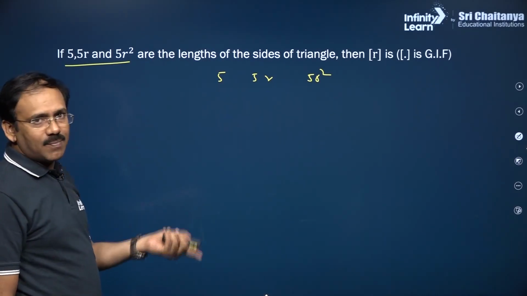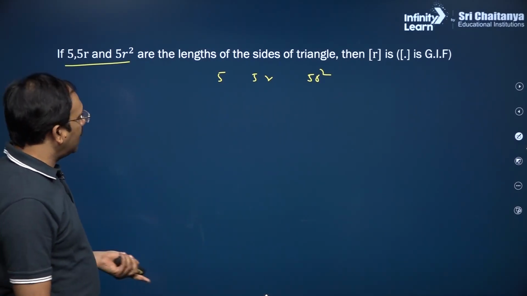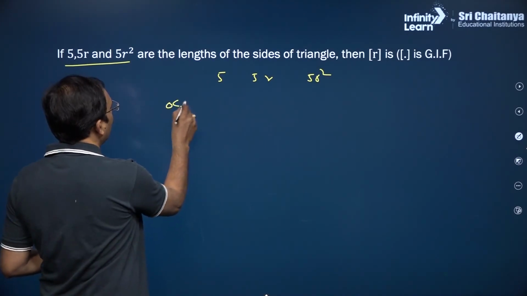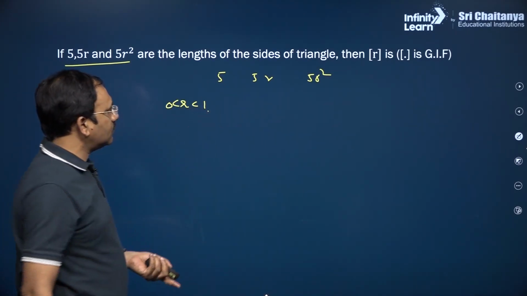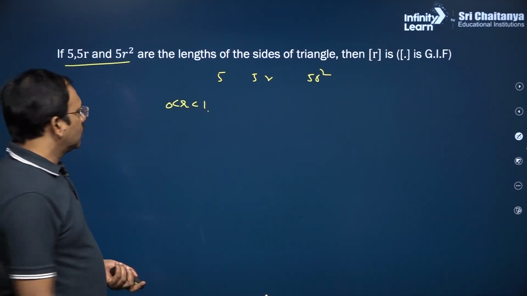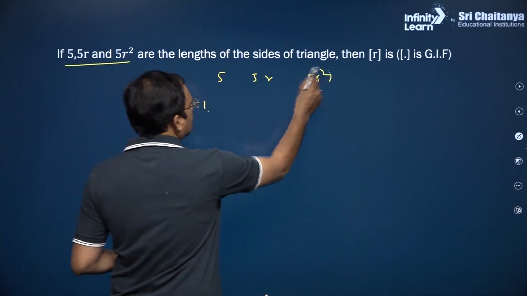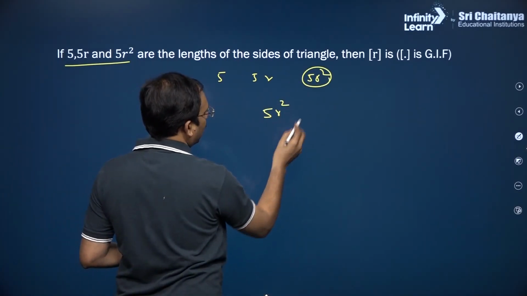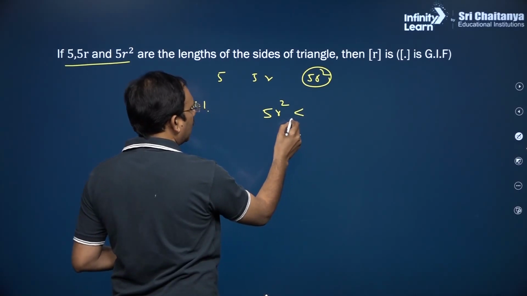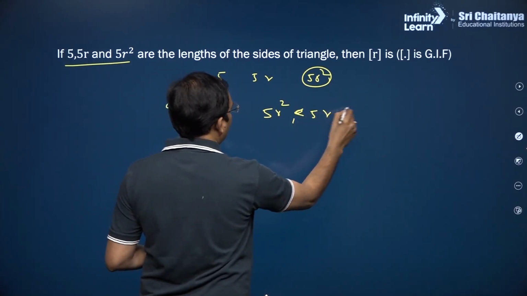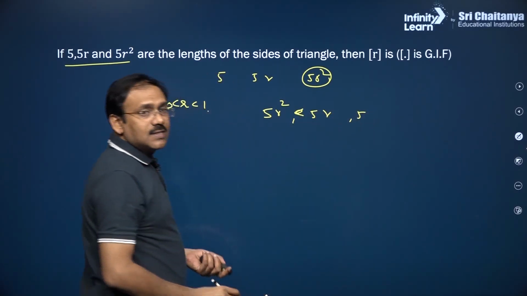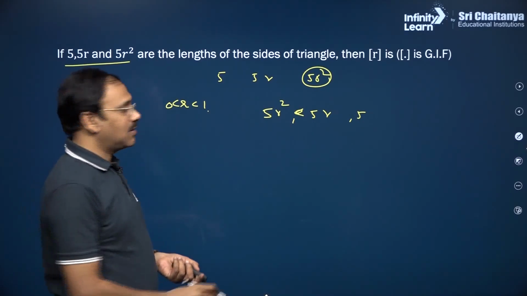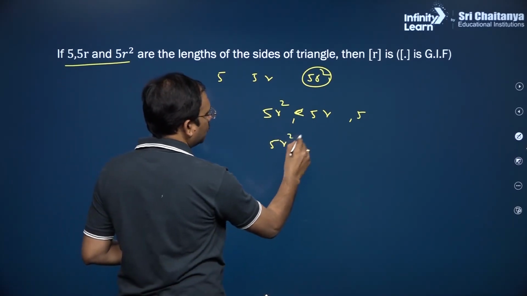So, R is equal to 1 is possible, and if R is between 0 to 1, my dear friends, undoubtedly this is the smallest. So, 5R square and 5R, 5, this is the order. Sum of any two sides is greater than the third side, we apply it for the smaller 2 generally.